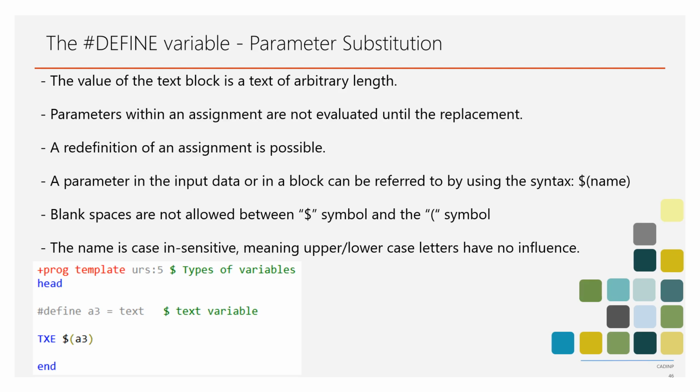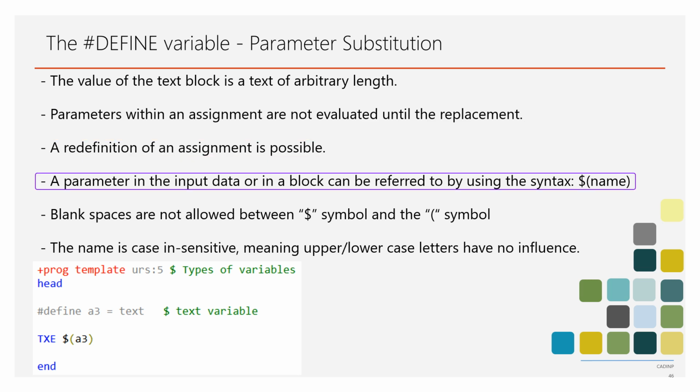Some important rules to comply with when defining a text variable are as follows. The value assigned to the text block can be a text of any length. Parameters within an assignment are not evaluated until the replacement. A redefinition of an assignment is possible.